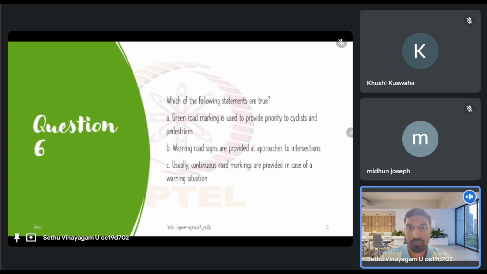Okay, there is one vote for options B and C. Any other answers?